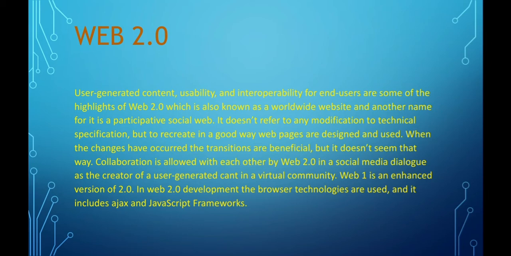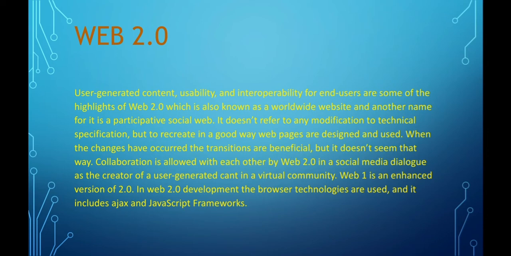User-generated content, usability, and interoperability for end users are some of the highlights of Web 2.0, which is also known as wired site, website, and other names. It's the participative social web. This does not refer to any modification of technical specification, but to the way web pages are designed and used.